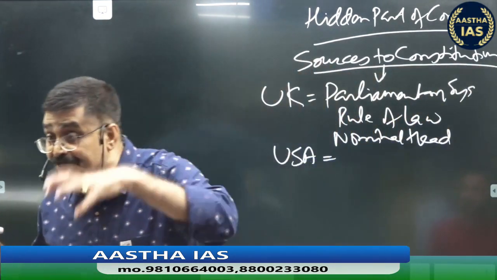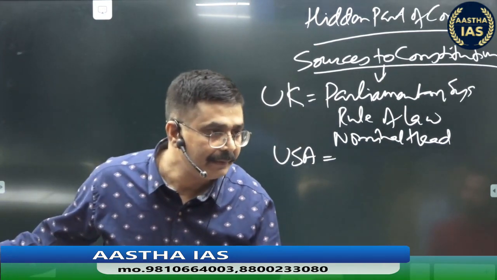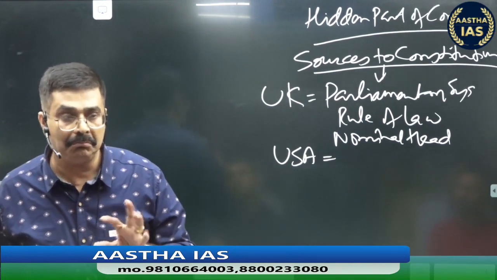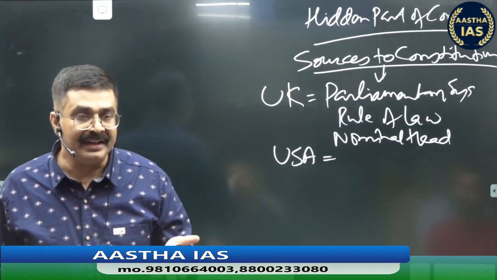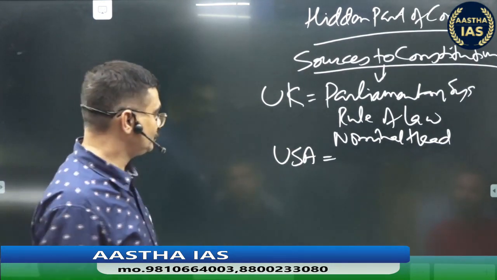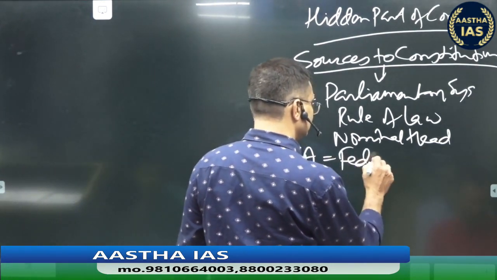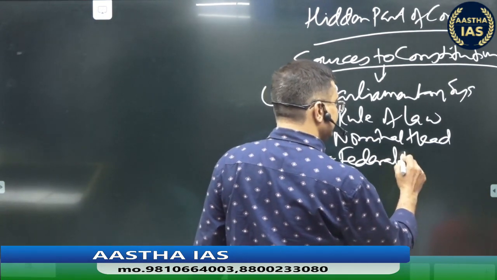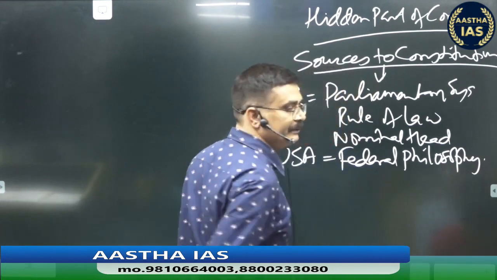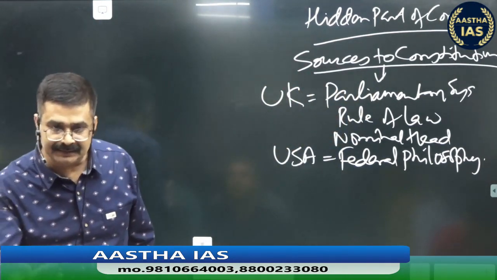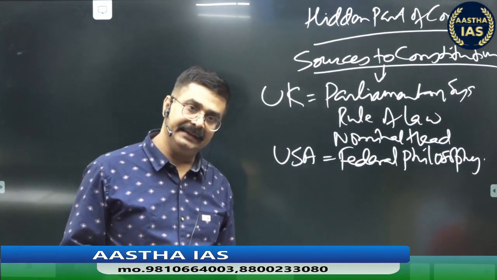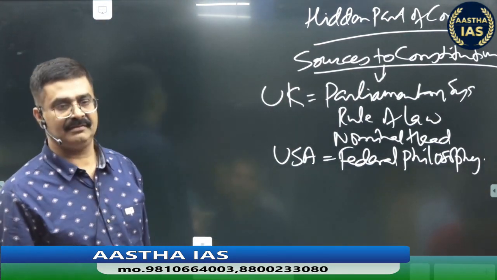But the federal philosophy evolved in America. We have adopted the federal philosophy. So, we should not write federal system. Right? Federal philosophy. अब जो आपकी बात आती है, लेकिन उसमें भी पहले आता है that is say apex judiciary.